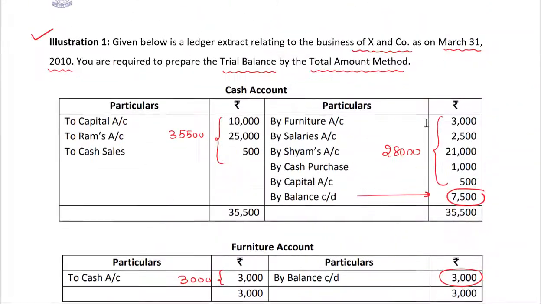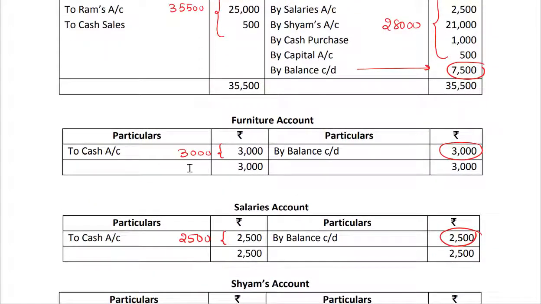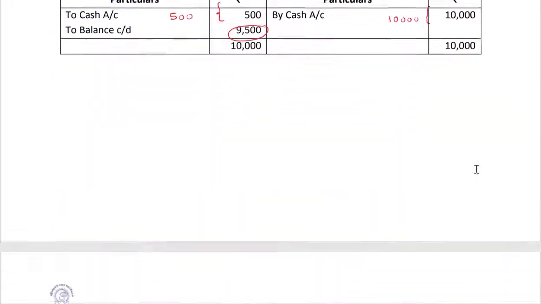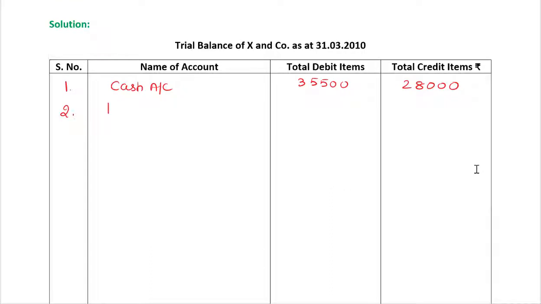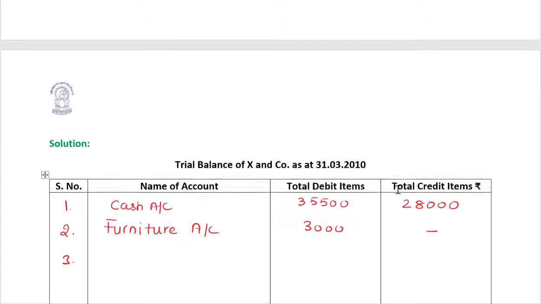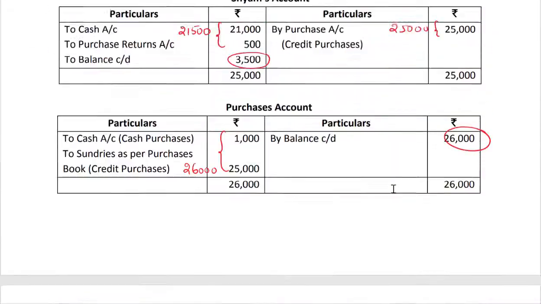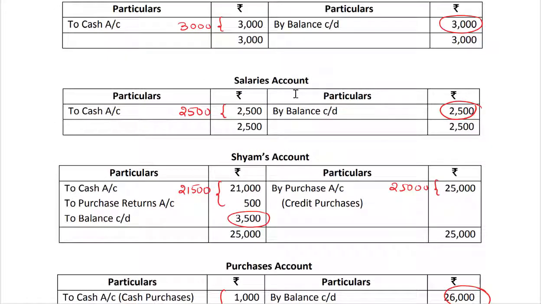The second account is furniture account, 3,000 on the debit side, and there would be no entry on the credit side. The next is salaries account, 2,500 on the debit side and nothing on the credit side.